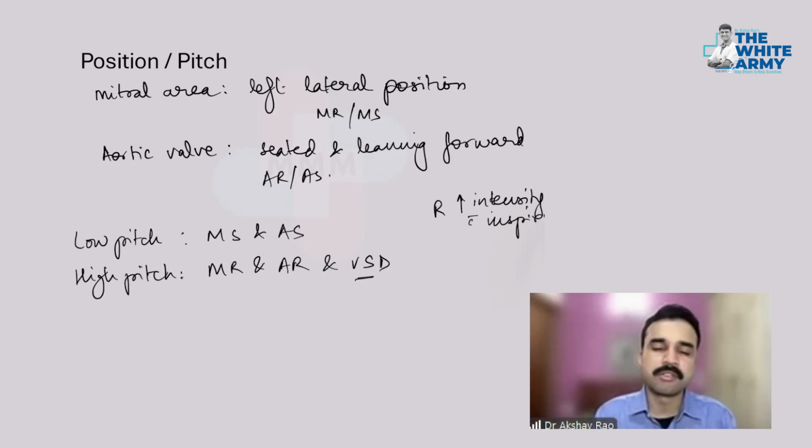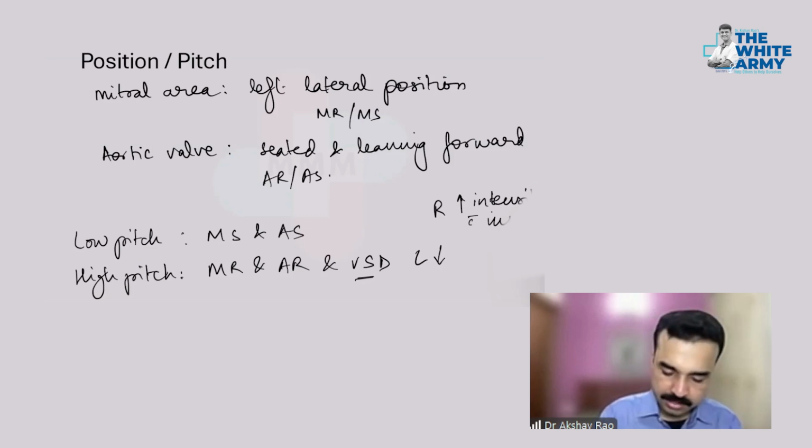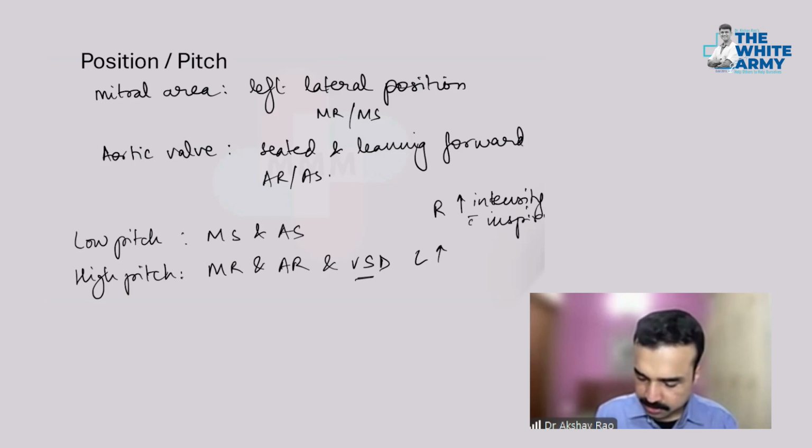Less blood flows in the left side during inspiration. So right-sided murmur intensity increases and left-sided murmur intensity reduces in inspiration. Everything is opposite with expiration, so left-sided murmurs increase in intensity with expiration. Okay.